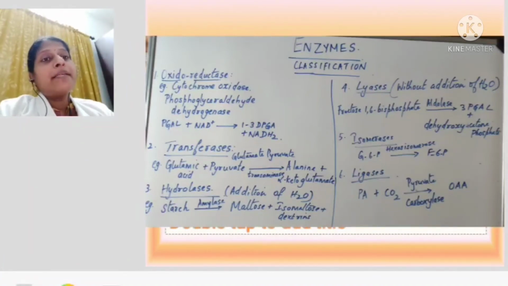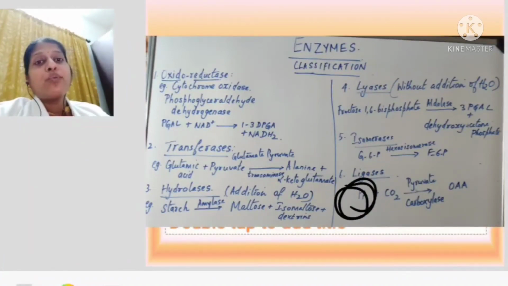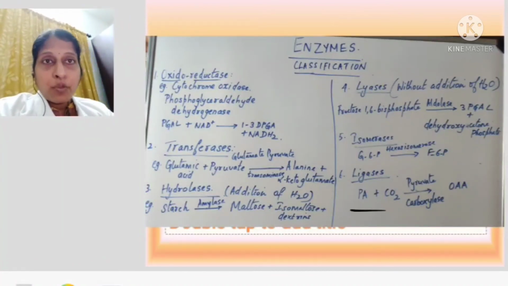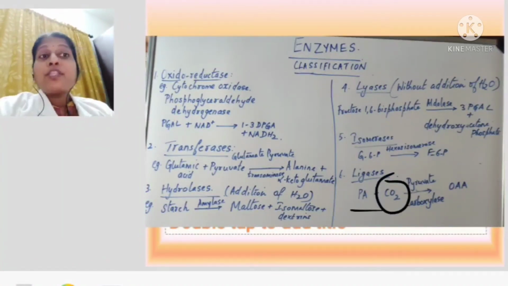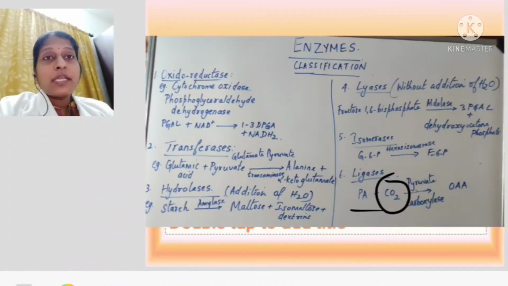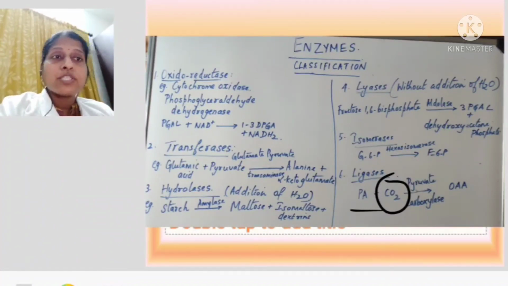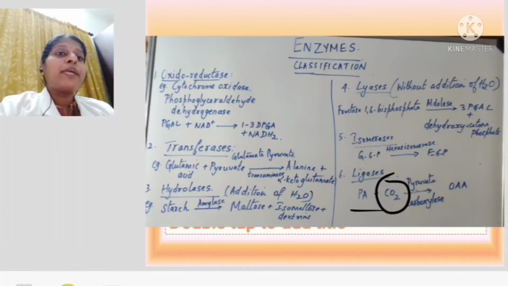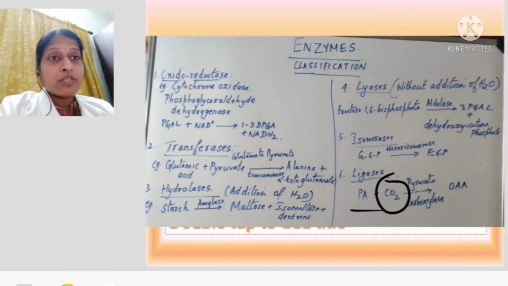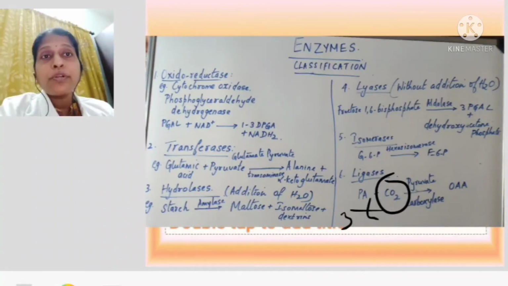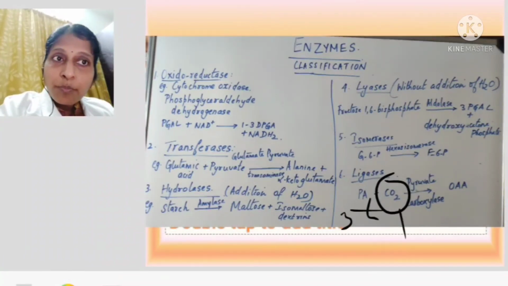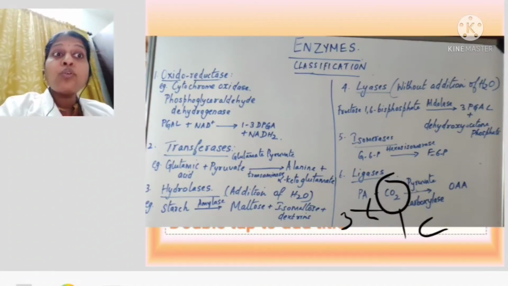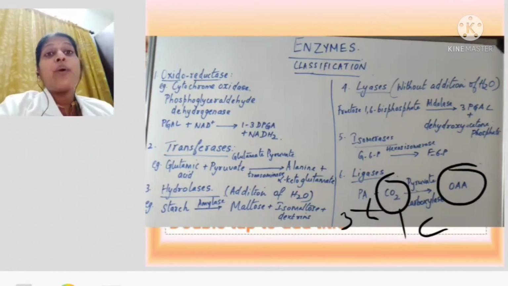For example, here it is given pyruvic acid, or pyruvate. PA, simply we are writing pyruvic acid, is combining with carbon dioxide. Photosynthesis and all we will be learning. This pyruvic acid is a 3 carbon compound, and carbon dioxide is a 1 carbon compound. The 3 carbon compound combines with the 1 carbon compound to form oxaloacetic acid.